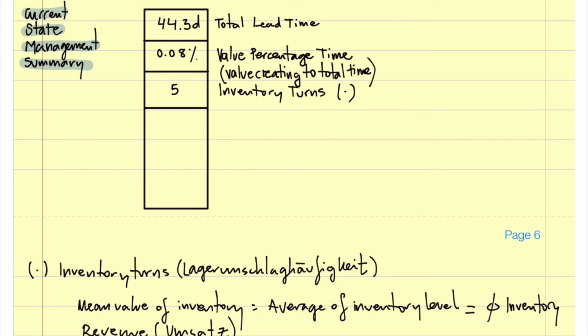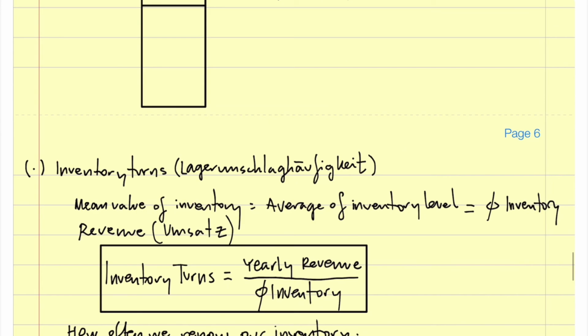You move your inventory faster. So if we want high inventory turnover, what do we want from this formula?